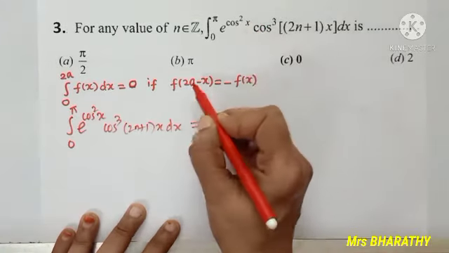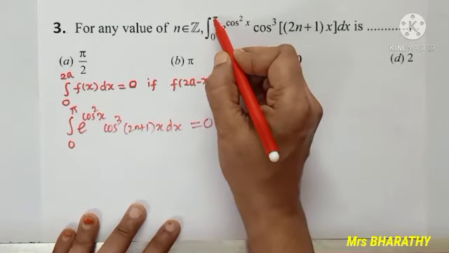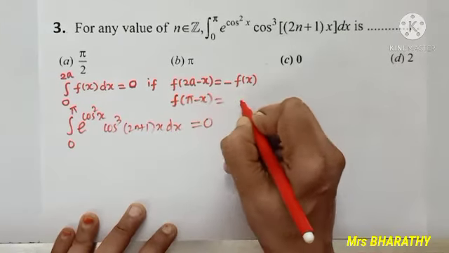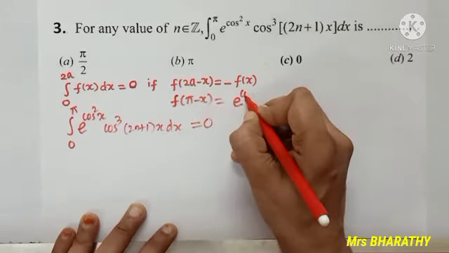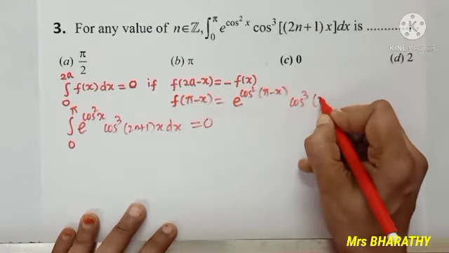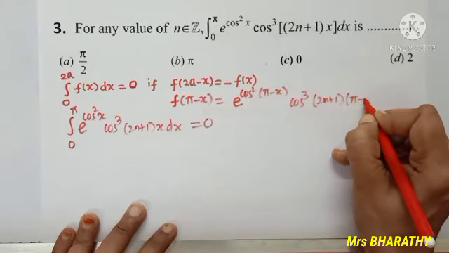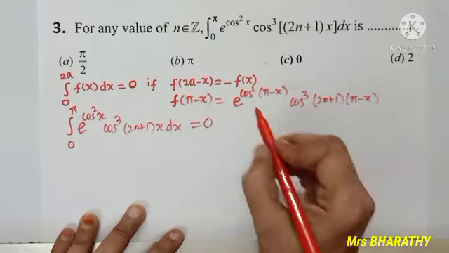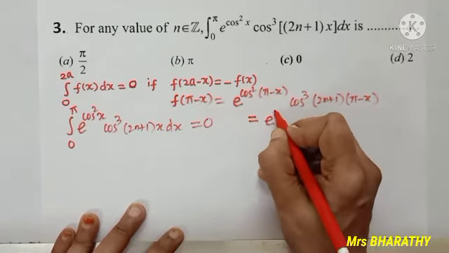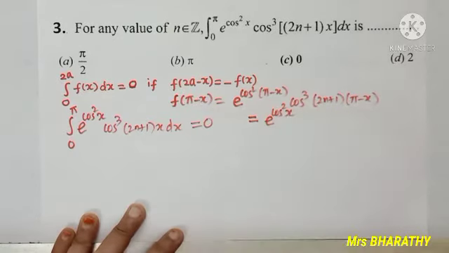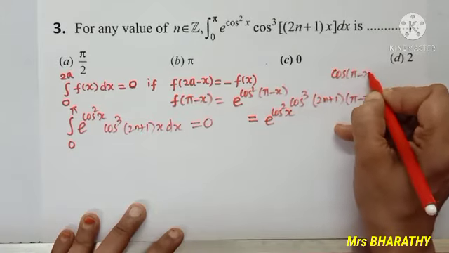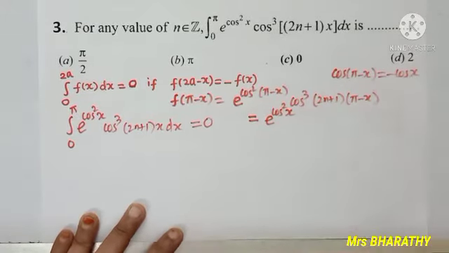Wherever x comes, I am putting 2a minus x, that is pi minus x. So f of pi minus x is e power cos square of pi minus x, cos cube of 2n plus 1 into pi minus x. Cos square, so it is definitely positive. I just get e power cos square x. Cos of pi minus x, let us remember, is minus cos x.